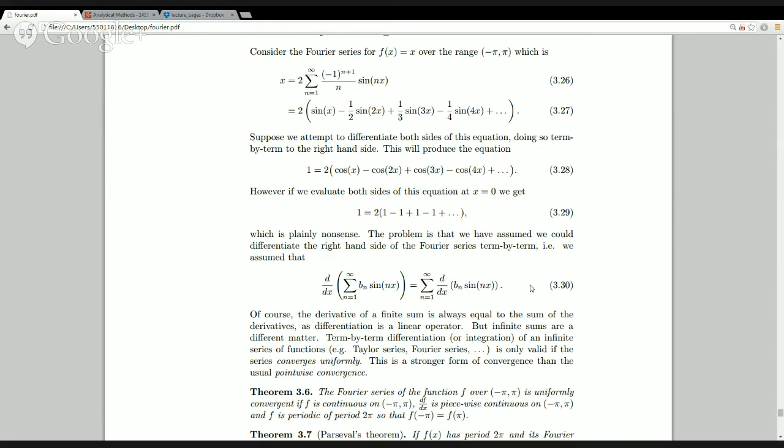And the reason, which we're going to explore now, is that infinite sums of functions can have different forms of convergence. And it's these different forms of convergence which determine whether you're allowed to differentiate them term by term or not.